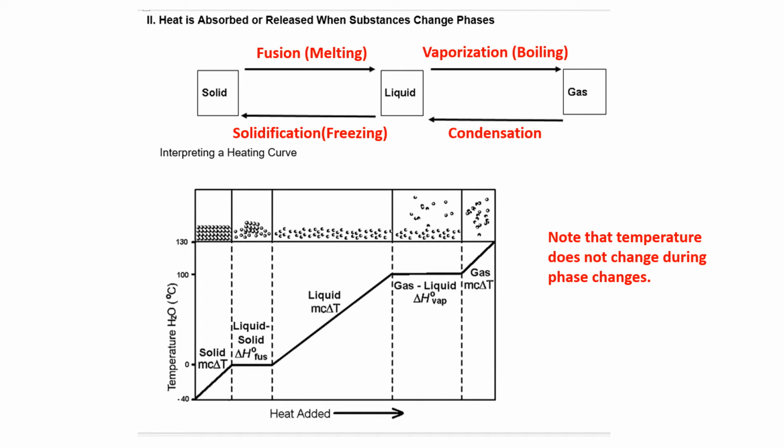And so heat of fusion is the heat required to melt 1 mole of a solid substance. So for example, using the heat of fusion, we could calculate the heat absorbed as a substance melts. So you're going to learn next lesson how to use heats of fusion and vaporization.